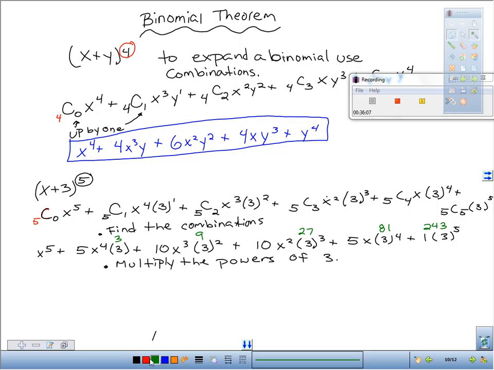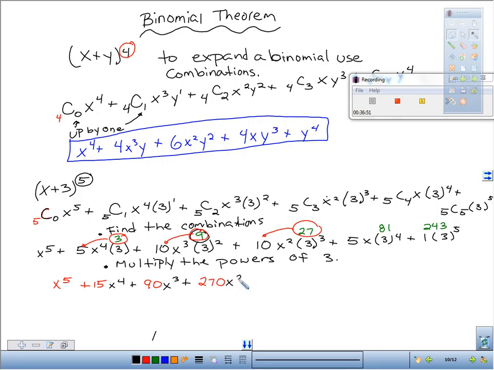So it's x to the fifth to start with. Then we're going to do 3 times 5 is 15. X to the fourth. Plus the 9 times the 10 gives me 90. X cubed. Plus the 27 times the 10 gives me 270.